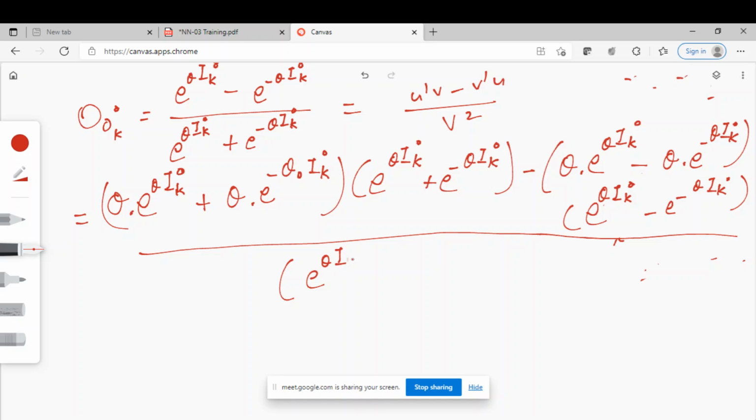Plus this into this. When you do this, what will you get? Theta e power minus theta naught I k naught into e power theta I k naught. What will be the result?